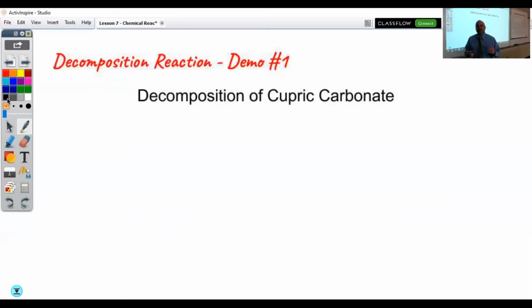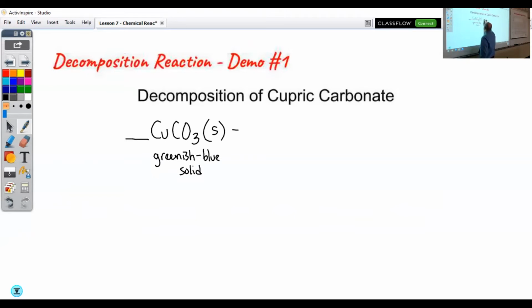Okay, writing an expression for that demonstration, we're going to have CuCO3. This was our greenish blue solid. When we expose that to that intense flame, we basically are decomposing it by heating it.